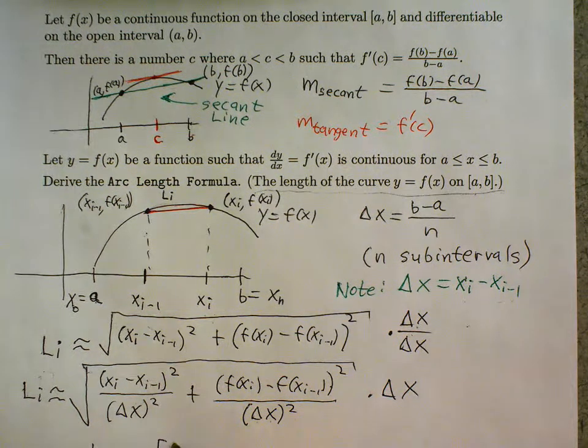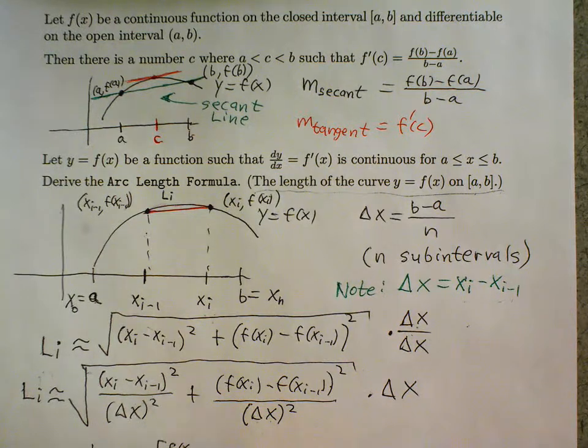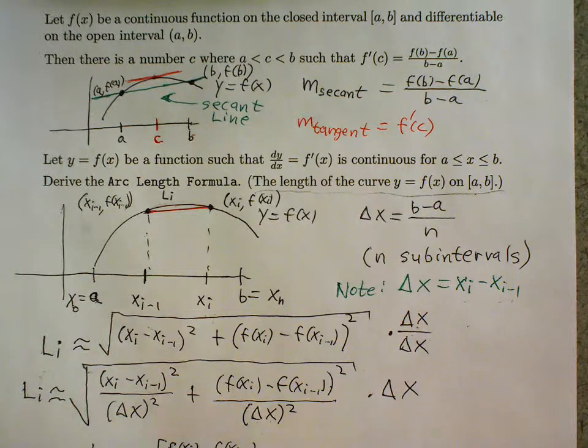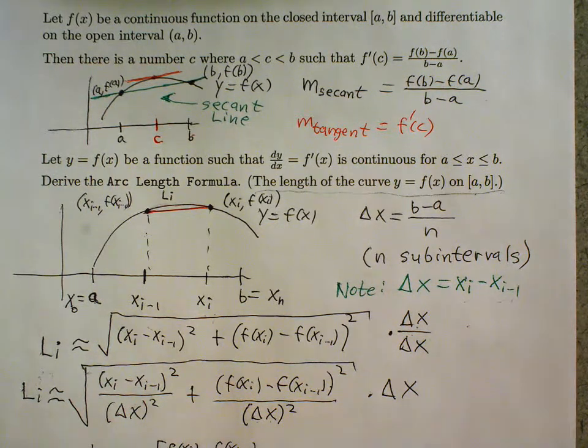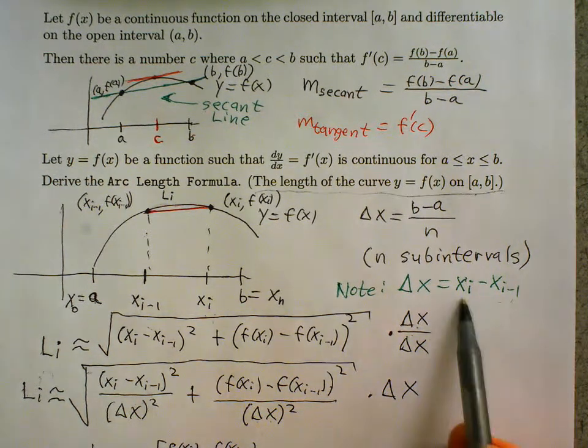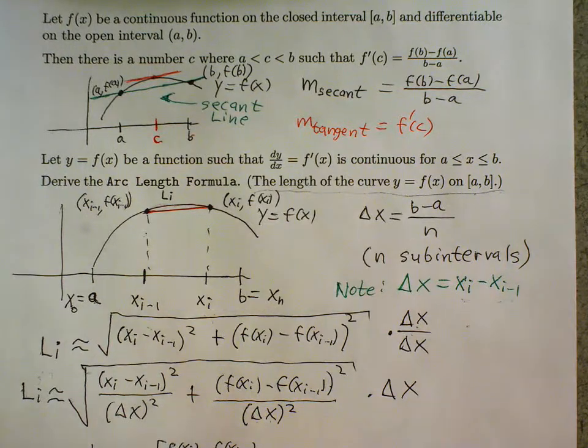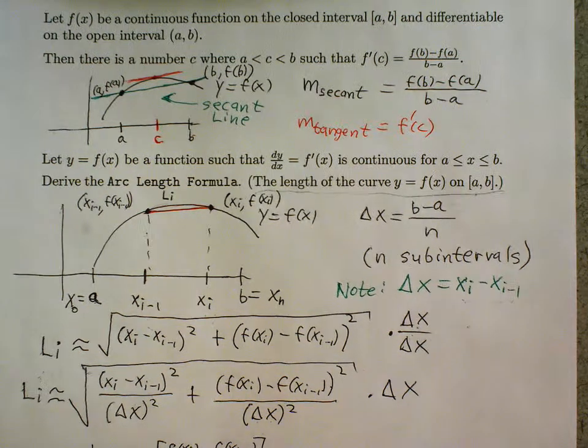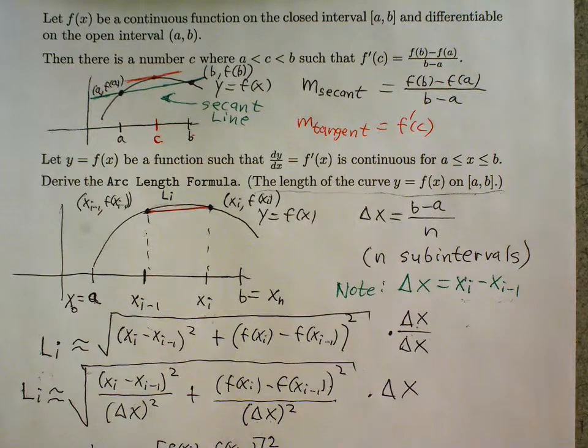So in the numerator, we have f of x sub I minus f of x sub I minus 1, and we're dividing by delta x, which is just x sub I minus x sub I minus 1. And then we square the entire rational expression.